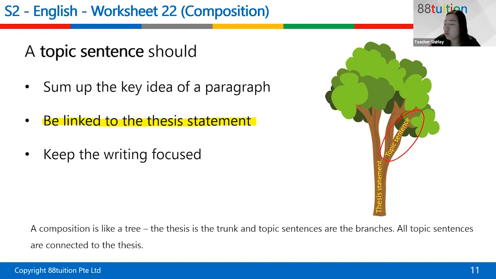And then you will have to sum up the key idea of the paragraph. And then you keep your writing focused as well. In terms of what we mean by sum up the key idea, for example, just now the genres of books, right?